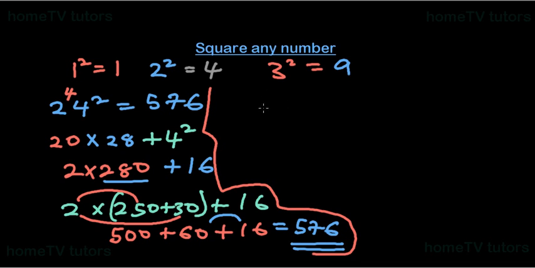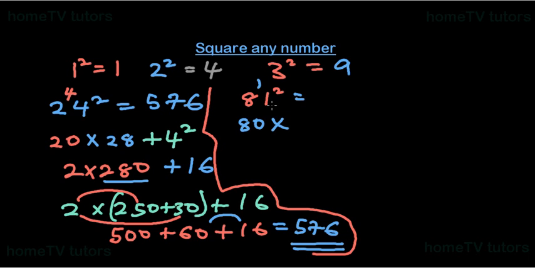Alright, so let's quickly look at another example. Okay, so now we have 81 square. To find this, we also look for the nearest 10, which is 80. The difference between 81 and the nearest 10, 80, is 1.